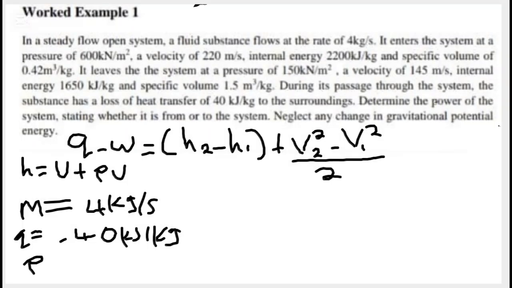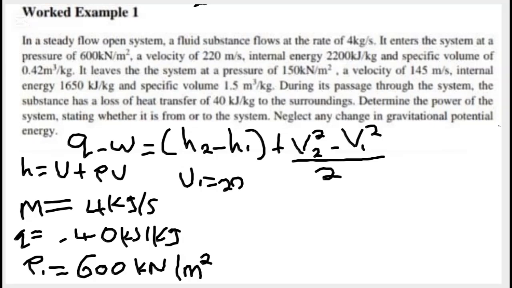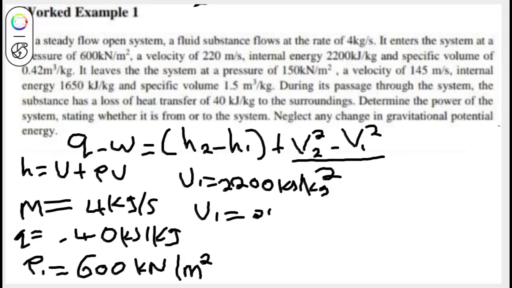For the inlet, P1 is 600 kilonewton per meter squared, the internal energy is 2200 kilojoule per kg, and the specific volume is 0.42 meter cube per kg.